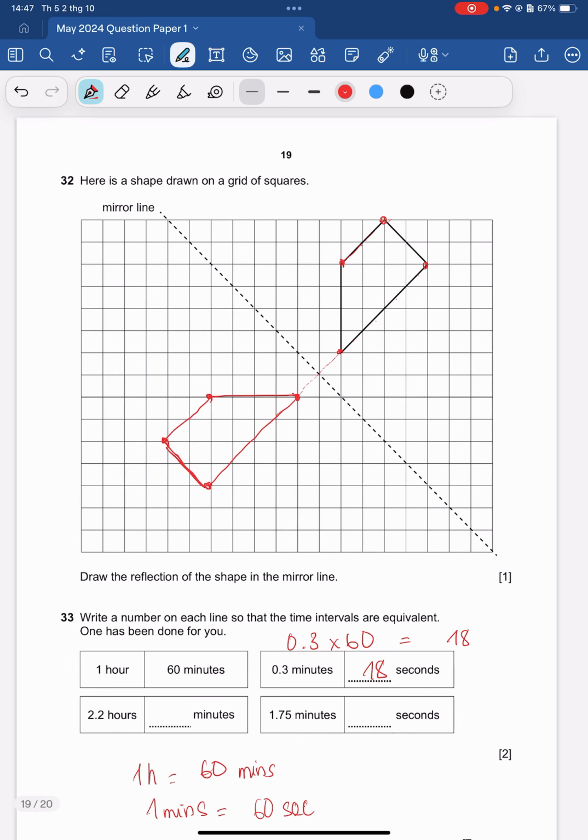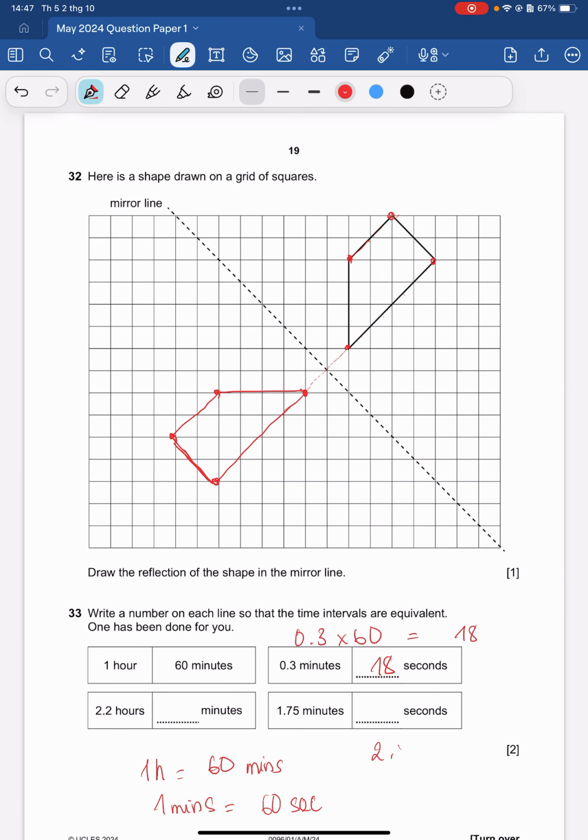2.2 hours, let's just times 60. Calculate ignoring the point. 22 times 6 will be 132, 0, and we have one number after the point, so one number. 132, right? 1.75 to seconds, so 1.75 times 60. Okay, ignore the point.